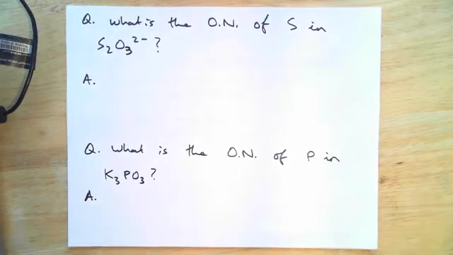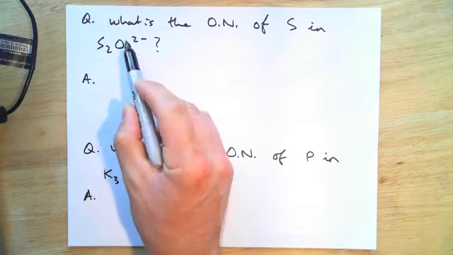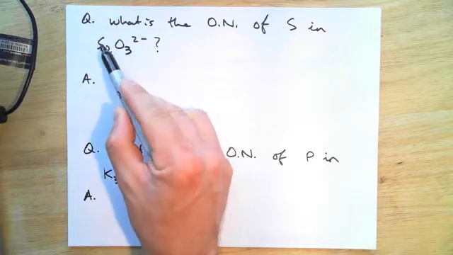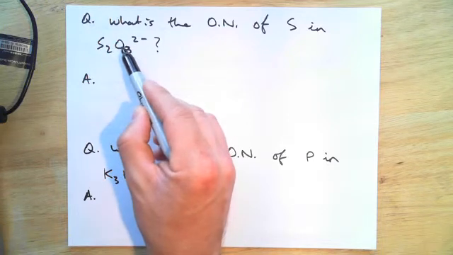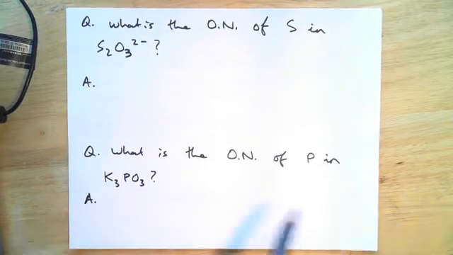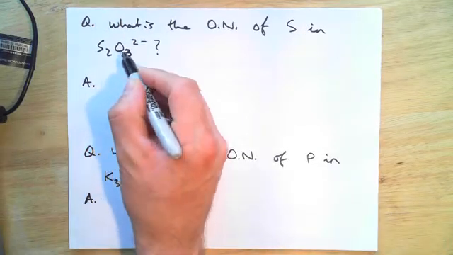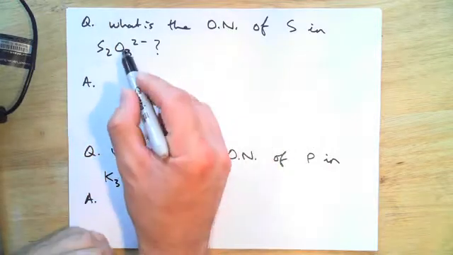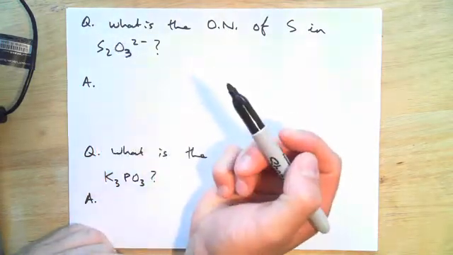So let's do an example. What is the oxidation number of sulfur in S2O3 2-? As I said before, the overall charge is -2, which means all these species have to have oxidation numbers that add to -2. In this, I know that oxygen is going to be -2 because it's the most electronegative atom, and so it gets the charge that it normally wants.